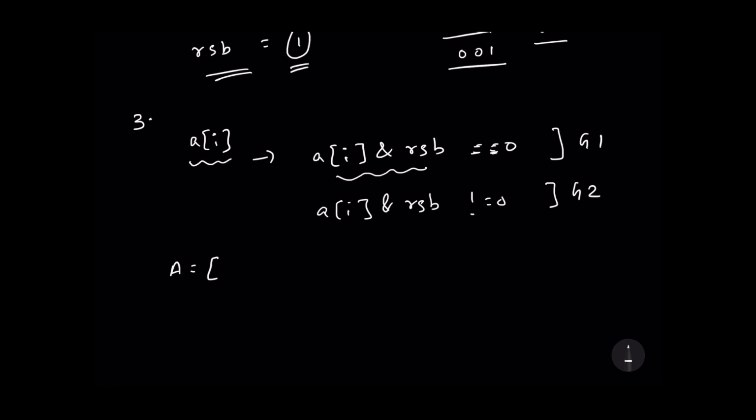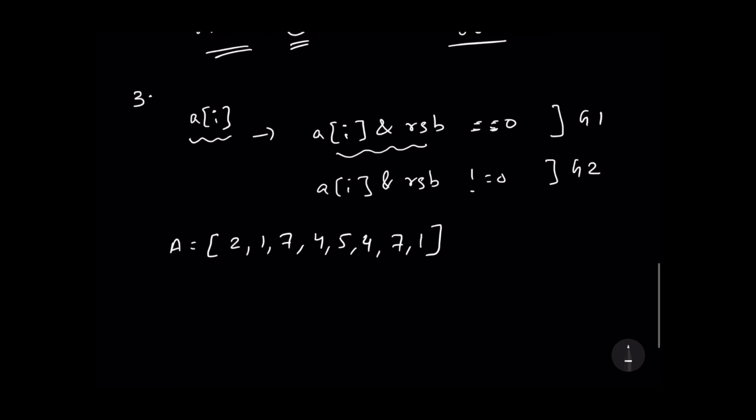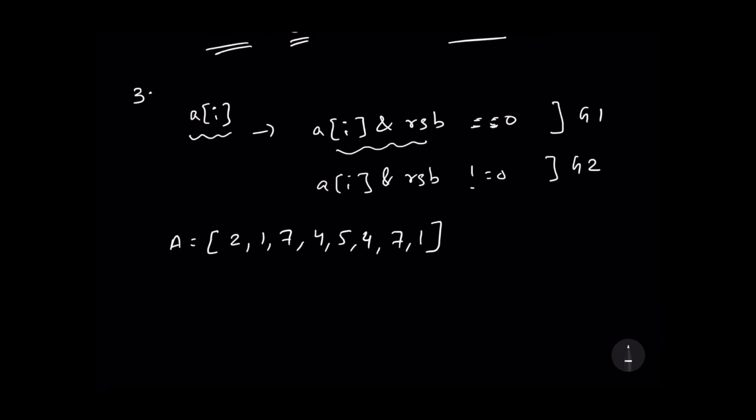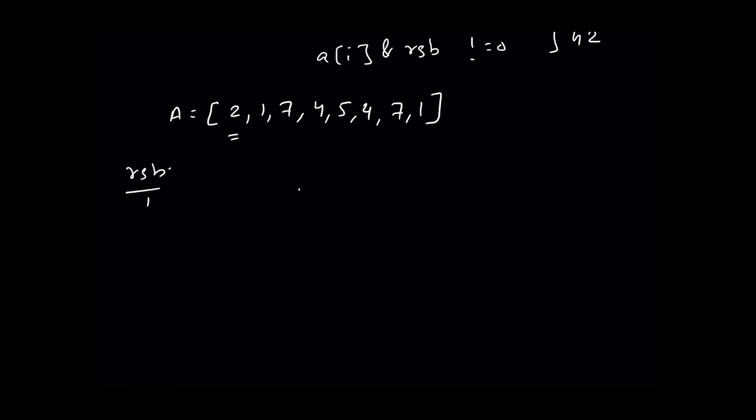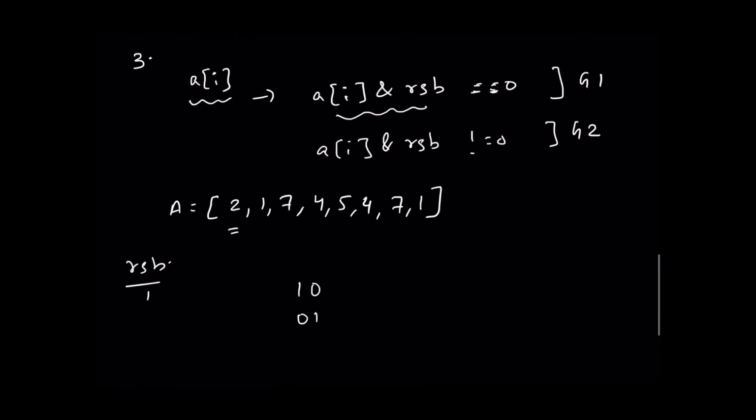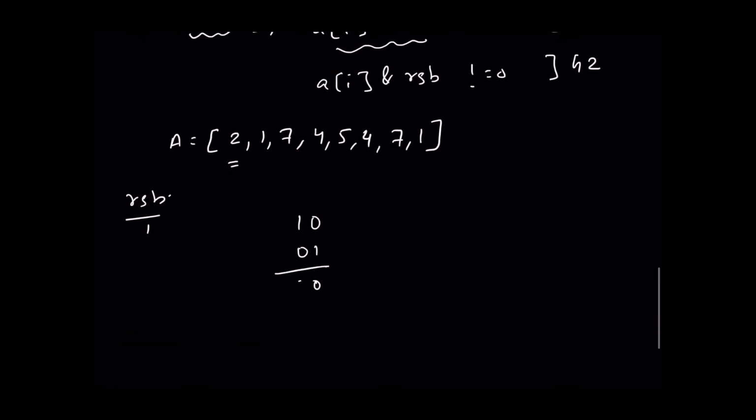If you remember, our array was 2 1 7 4 5 4 7 1. So if I take 2, what is my RSB? The element 2 is 2 1 0, and my rightmost set bit is 1. If I do an AND, it becomes 0.